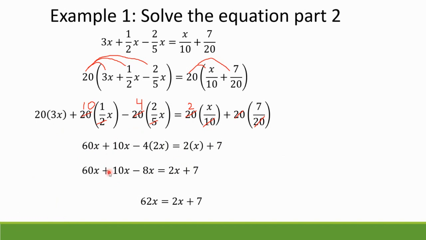On the left-hand side, you get 62 times x. Here, we get 2x plus 7. So what we get then is 62x equals 2x plus 7. But again, we want to solve for x.